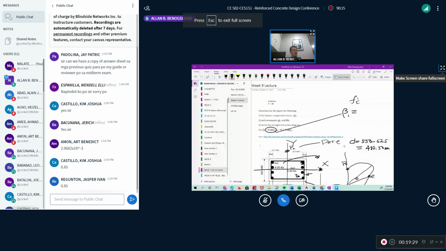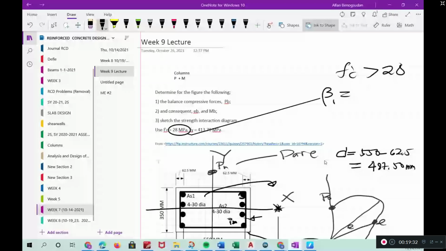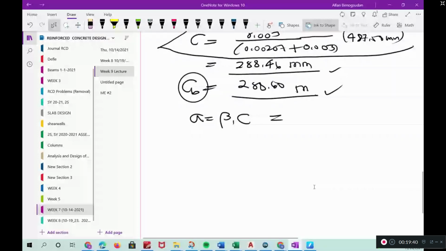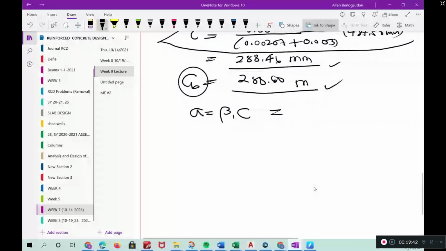Meaning, if that is 28 or less than, so use 0.85. Is that correct? Medyo maraming inaano dito sa concrete. Pare lang naman sa steel, no? It's just the same with steel. So, 288.60. Magkano, bro?